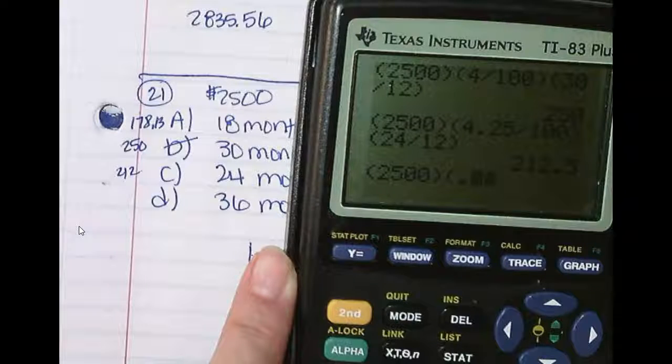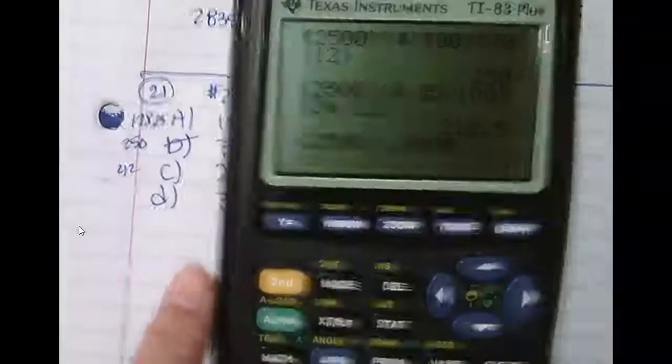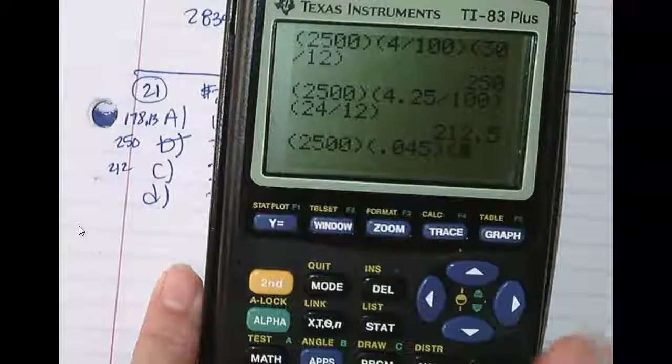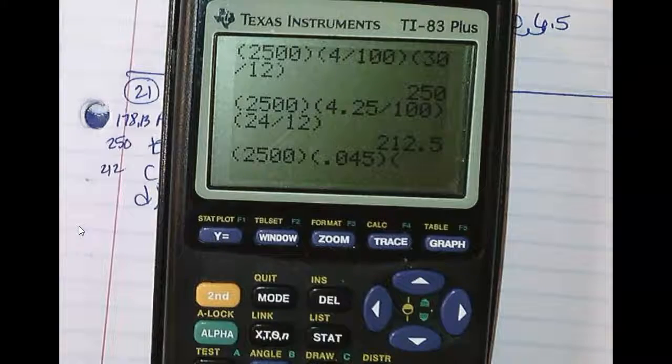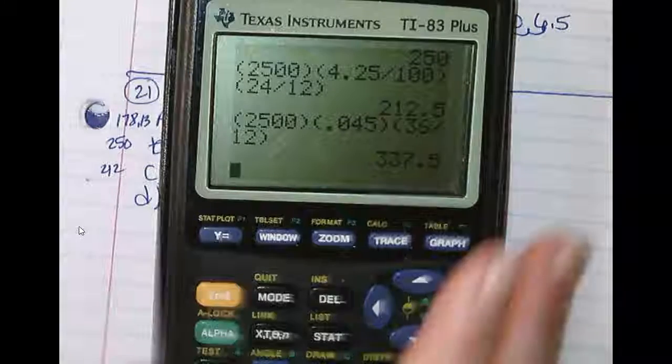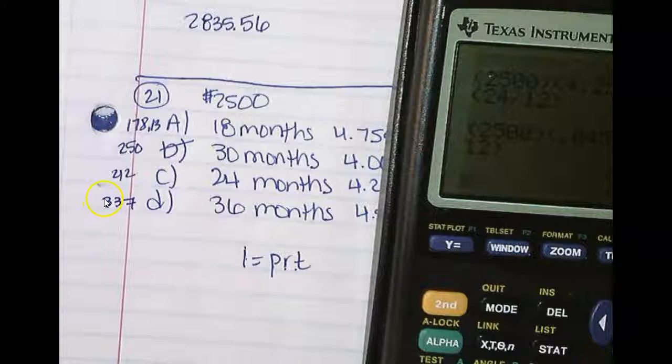Wouldn't that be 0.0450? Right? Move the decimal twice. And then that's 36 months. How many months is 36? You better just type it in. I think it's 3 though. 36 divided by 12 better be 3. 337. Well, that one's awful. I think the winner is A, because I think it said find the cheapest. Let's do another.